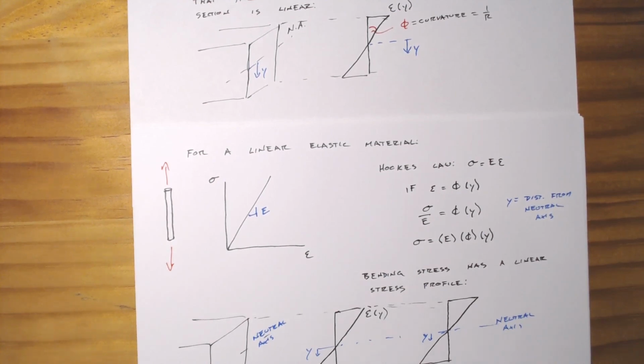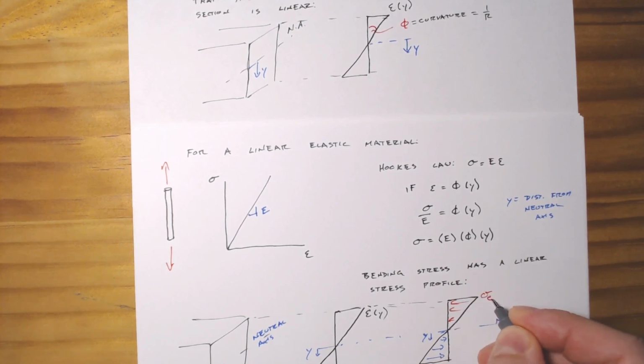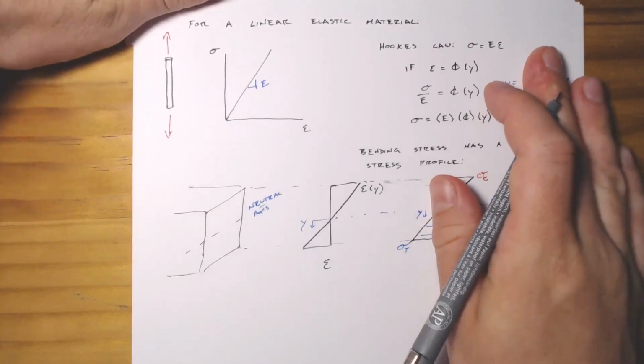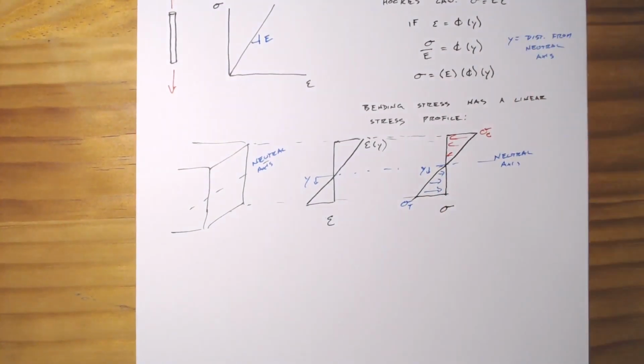And that means that at the bottom, you'll have some tension stress, and at the top, you'll have some compression stress. So you'd have sigma in compression and sigma in tension. So that's all well and good.